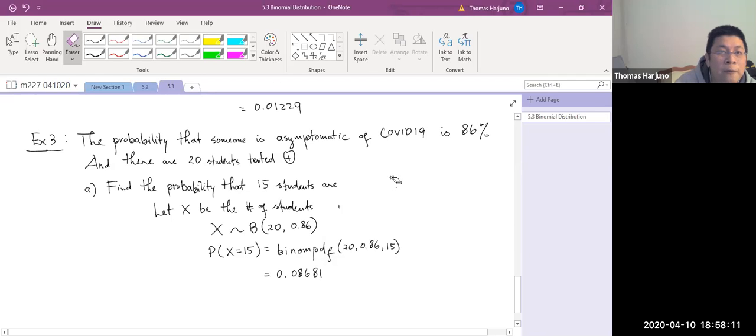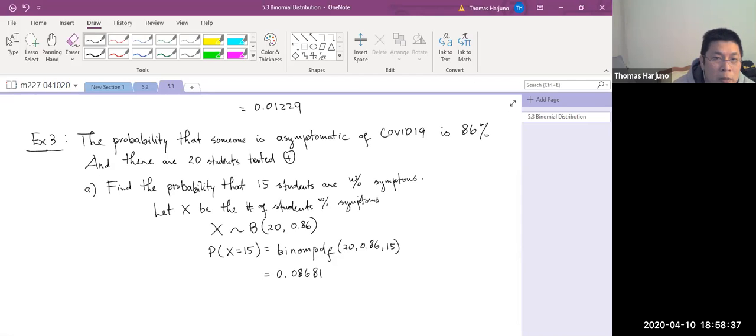I said it wrong. Are without symptoms. And the probability that 15 of them show no symptoms is 0.08681.